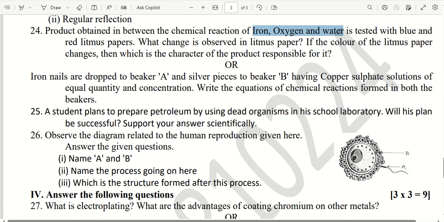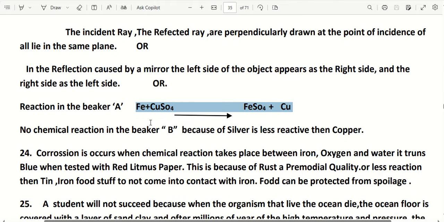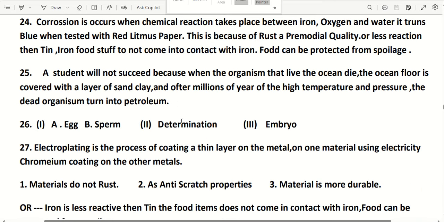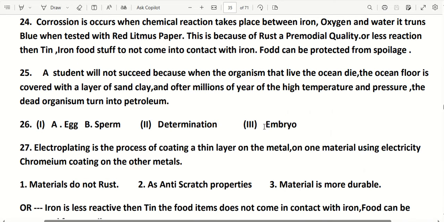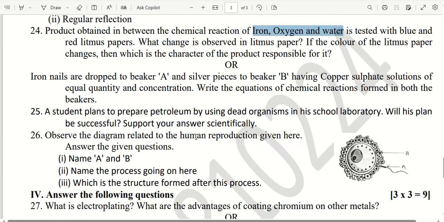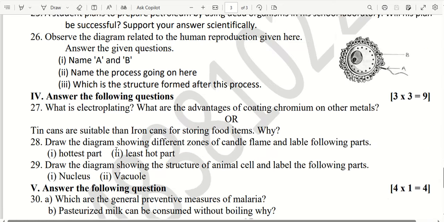The process going on here is fertilization. The next question: which structure is formed after this process? After this process, the embryo is formed. I think it is not the embryo, it is the zygote that is formed. Yes, the zygote is formed.